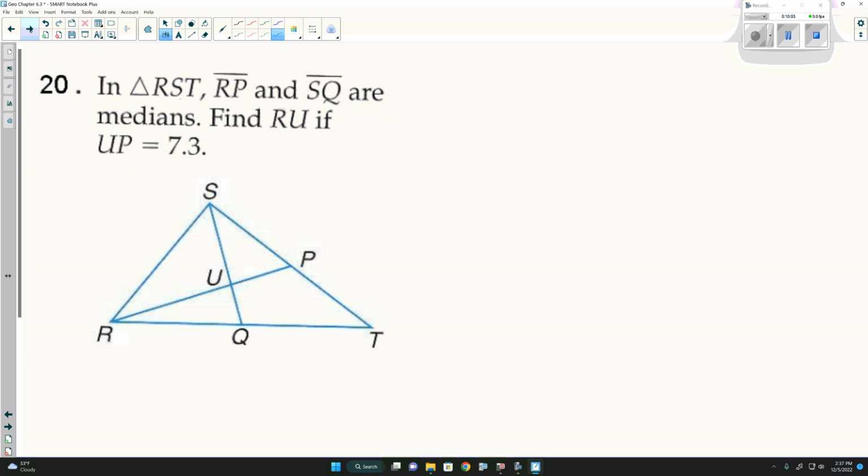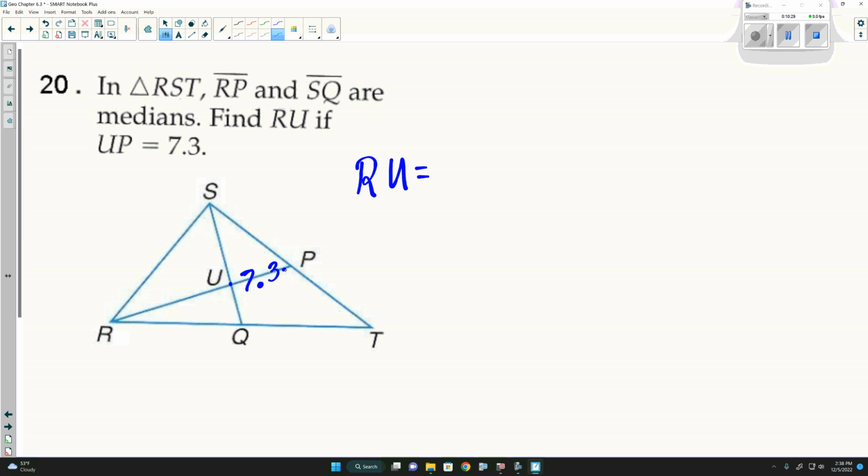In triangle RST, RP and SQ are medians. Find RU if UP is 7.3. So what did they give us? The smaller, bigger, or whole? So they gave us the smaller, yes?